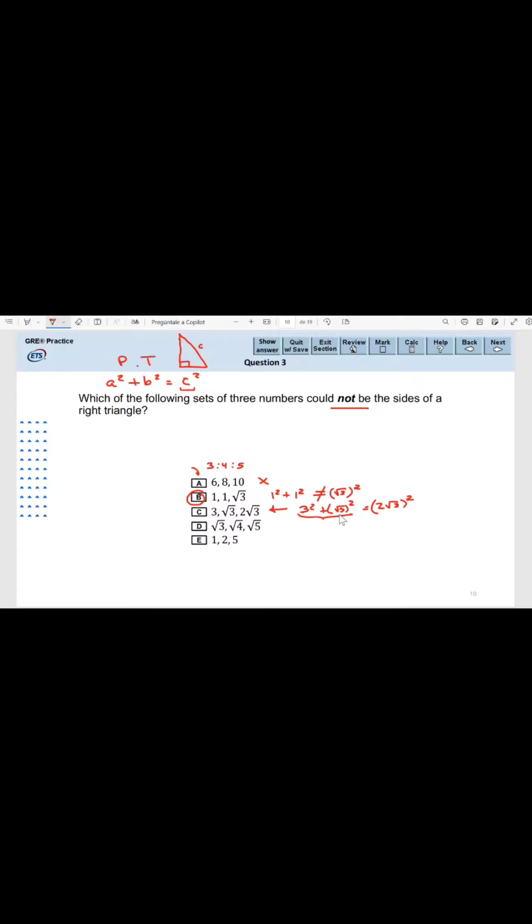You see, 9 plus 3 equals 11. This is 12. So, no. Another correct response, because we're looking for the sets that couldn't be the sides of a right triangle. If they could be, they would comply with the PT.